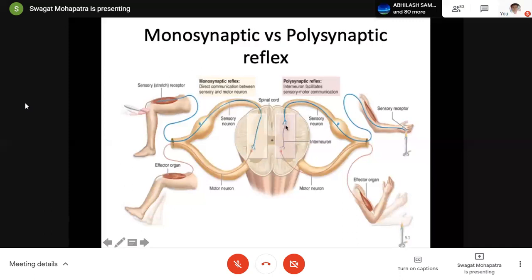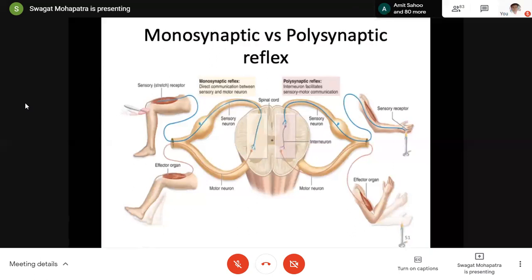Then they are contacting small neurons which are known as the interneurons. Here you can see cell body, you can see the axon terminals. So they are contacting here, and these interneurons are contacting the motor neuron, and this motor neuron is helping you to remove your hand.